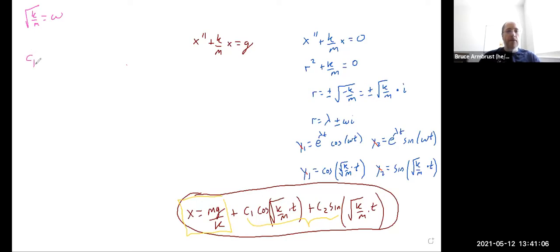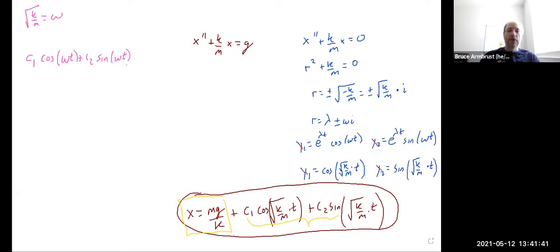So we get, let's look at C1 cosine of omega t plus C2 sine of omega t. And so I want to go ahead and try to combine those things. All right, well, you can use the identity for the difference of angles for cosine.